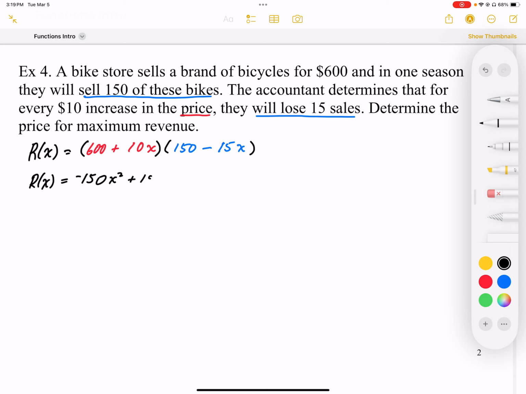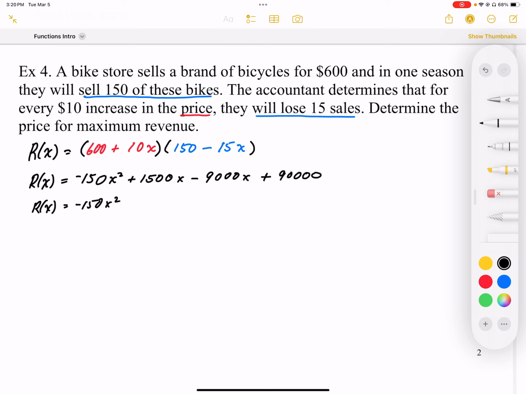Expanding this out, I get plus 1500x, and then minus 9000x, and then 600 times 150 gives me plus 90,000. Okay, so there's my equation.